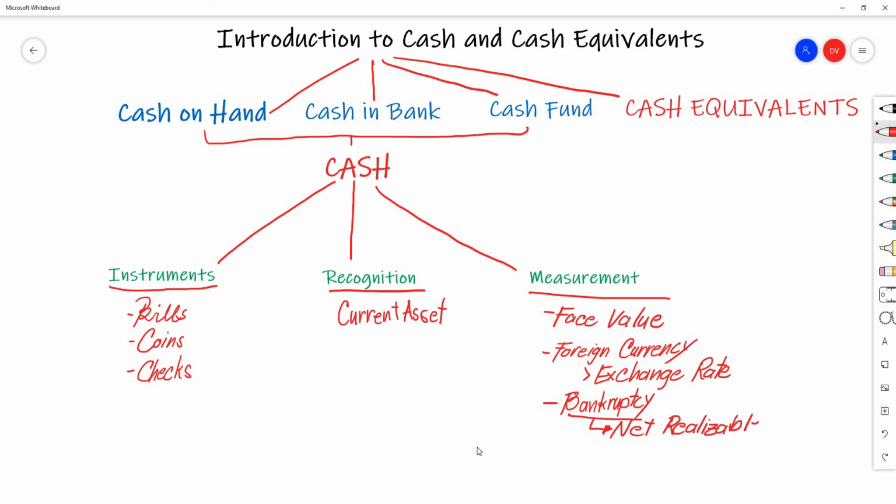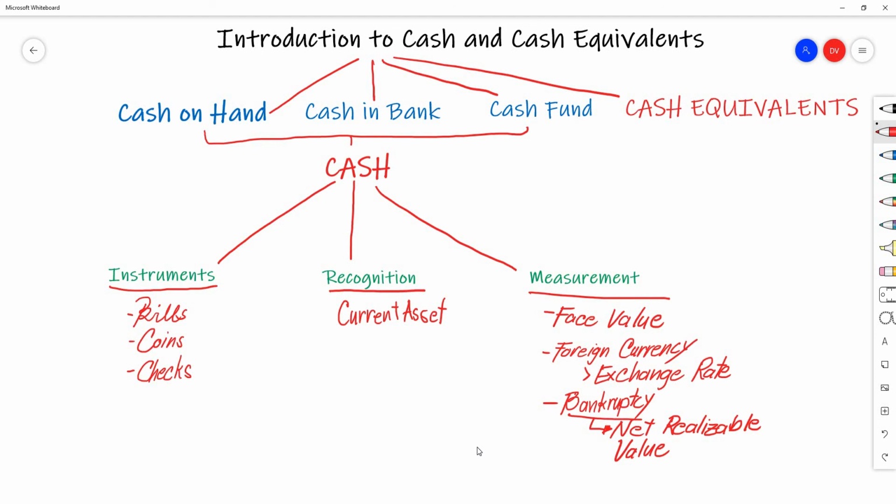Sir, why is it measured at net realizable value? Let's be practical. Let's say, for example, may deposit ka sa bank na 1 million. And consequently, nag-file for bankruptcy yung company yan or yung bank na yan. It so happens na ang mababayaran na lang sa'yo ay 700,000 or let's say kahit 200,000.